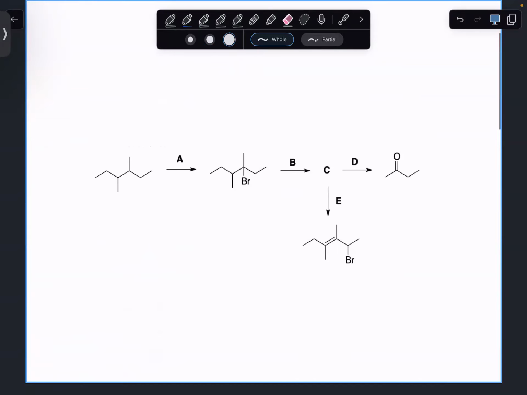This is a reaction map. You can see that in this, you are given some things and missing others, and it's your job in a reaction map to figure out what's missing.